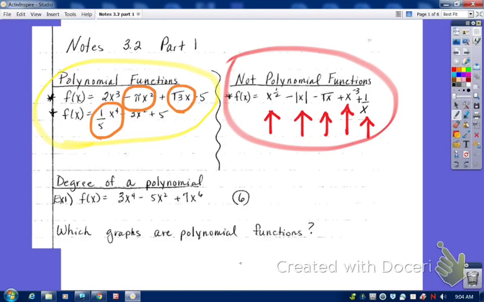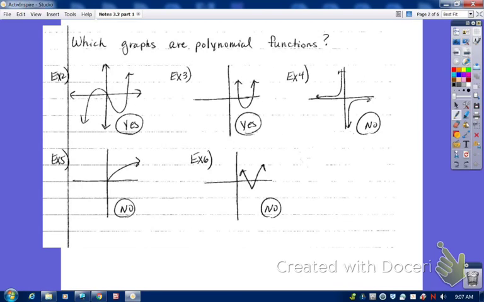In my very first example, the degree of a polynomial is always the highest exponent. You see that in example 1, even though 7x to the 6 is not written first, which would be standard form, the highest exponent in that polynomial is 6. We're going to use that degree of the polynomial to tell us about the end behavior of our graphs.